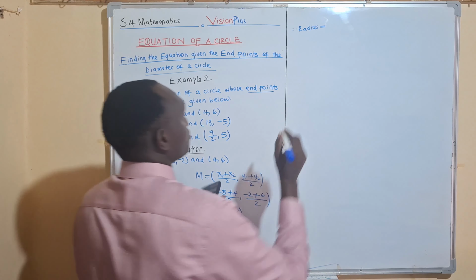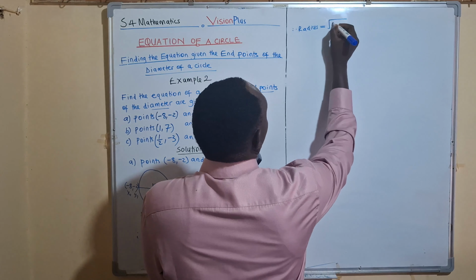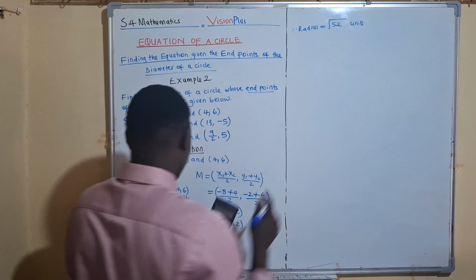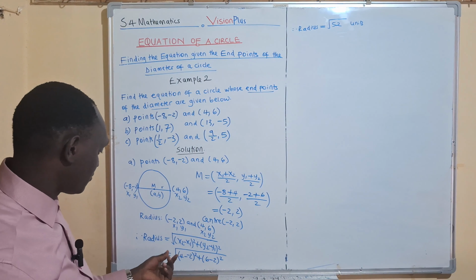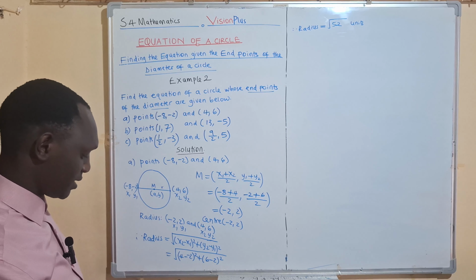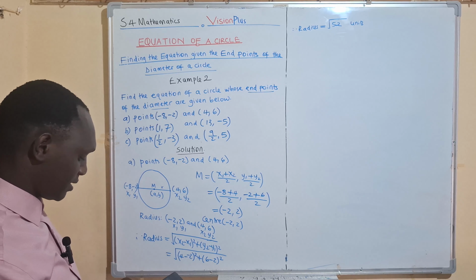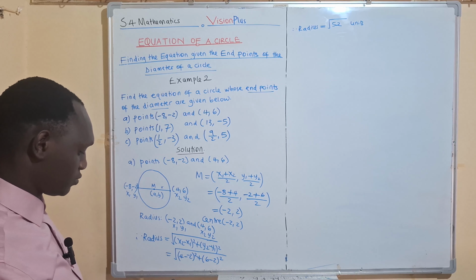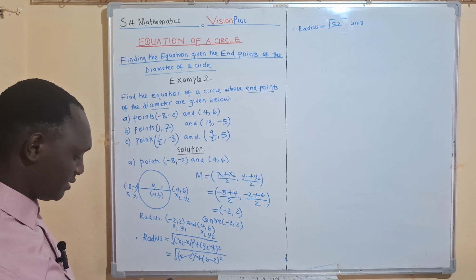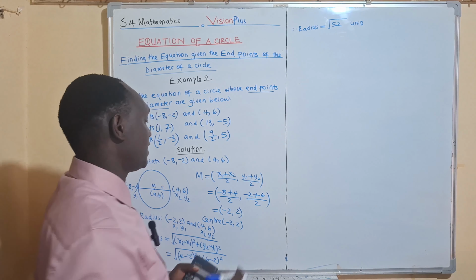I'm getting root of 52 as the value of the radius. When you prove it, 4 minus -2 squared plus 6 minus 2 squared, 36 plus 16, yes. So that is the radius.